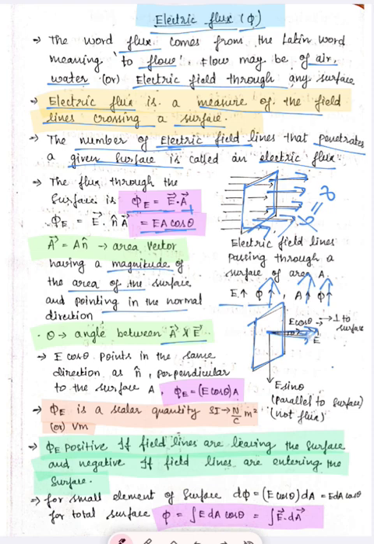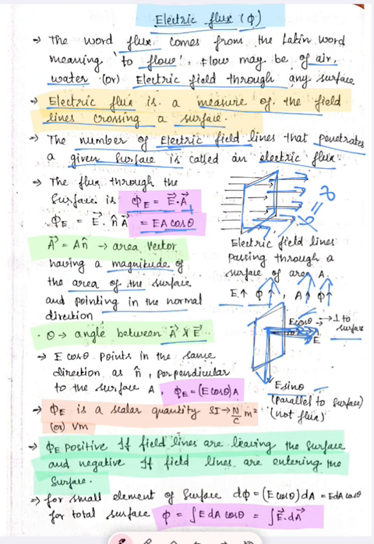Now resolve this electric field into two components, that is the perpendicular component and the axial component. This is the perpendicular component of the electric field, that is E sin theta, and this is the axial component of the electric field, that is E cos theta. The axial component of the electric field is along the direction of the area vector. So it is passing through the surface, it is perpendicular to the surface, which is called flux.